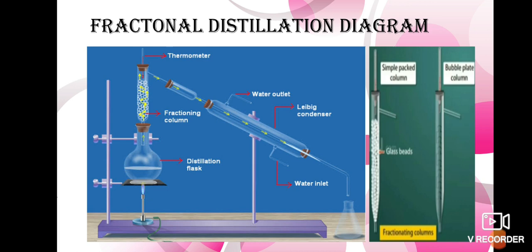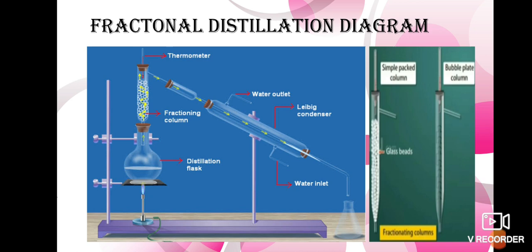For fractional distillation we arrange this type of column so that the liquid which first turns into the vapor state will be condensed in this fractionating column. Then it will pass on to the condenser and reach the test tube, and the other one still boils.